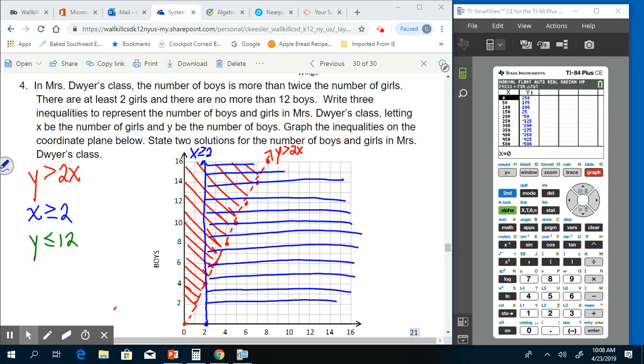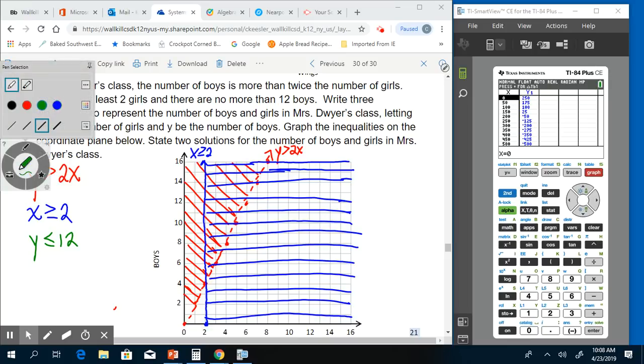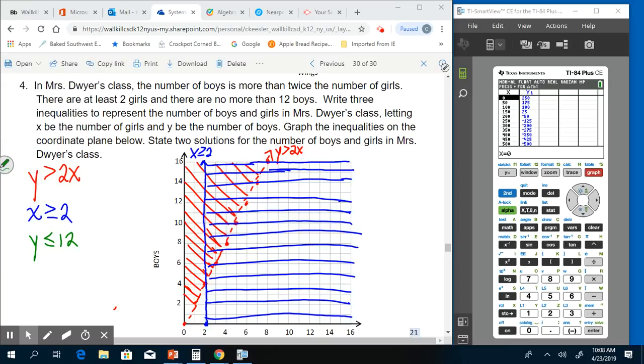It's actually much nicer to see these when they're done in color. So if you have a highlighter or colored pencil that you would like to graph with instead, be my guest. All right, and then the last one, Y is less than or equal to 12. So Y is 12, and we need a solid line again. And we're going to shade below.